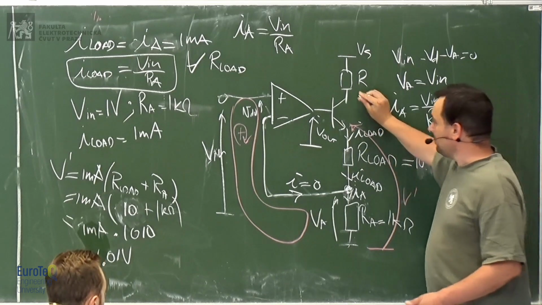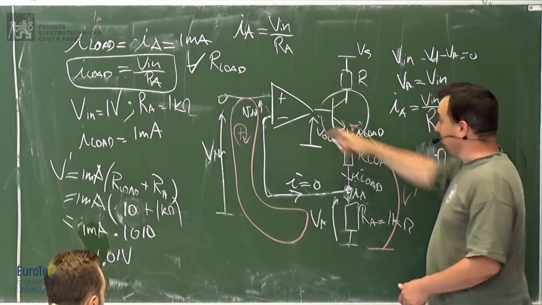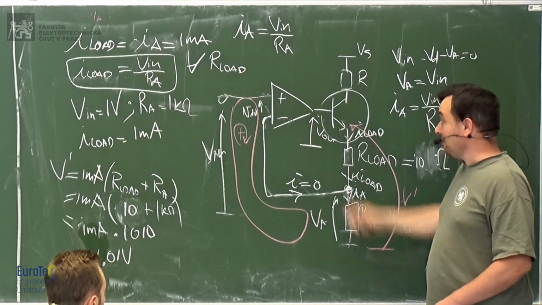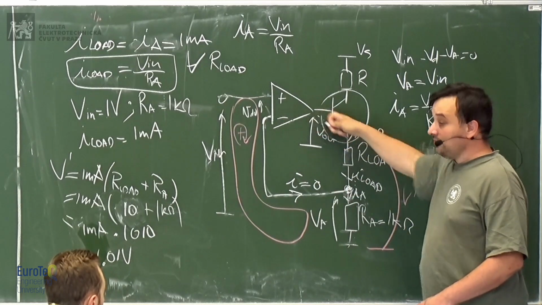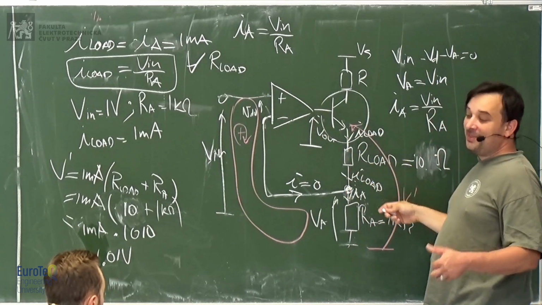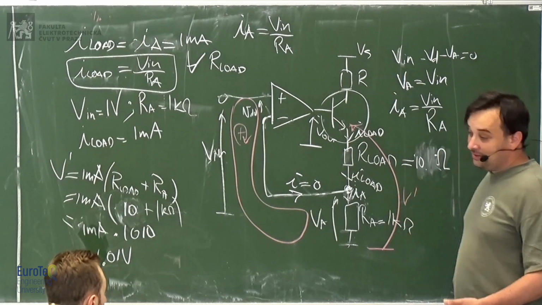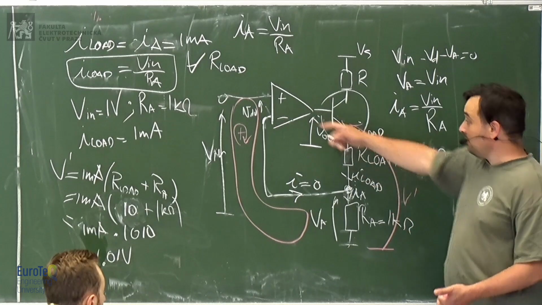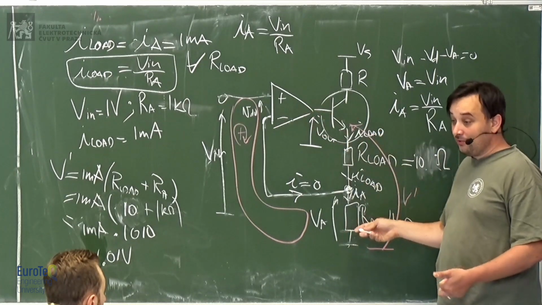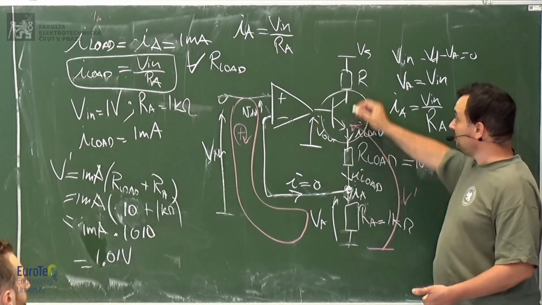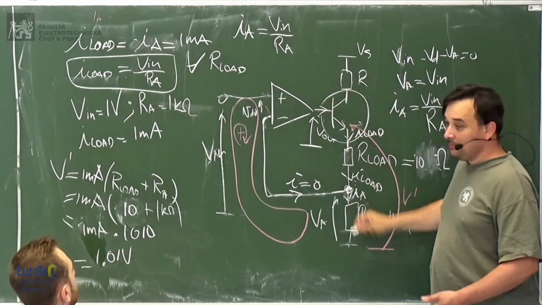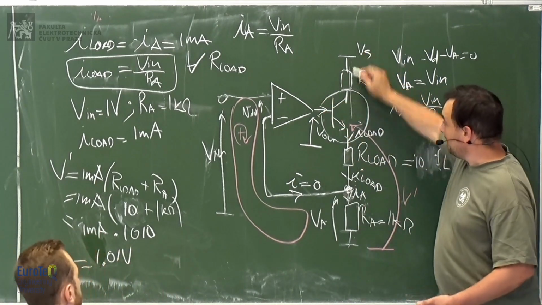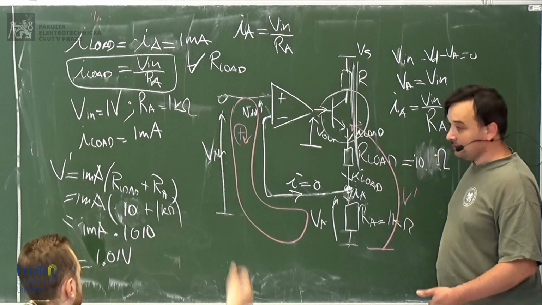Why did I put a transistor here? You could directly connect it to the operational amplifier, but then it would need to provide this current. If it's 1 milliamp, it's fine. If the current is too large, then the operational amplifier would not be able to provide it. So what it does is give a little base current here, but the current will come from the source.